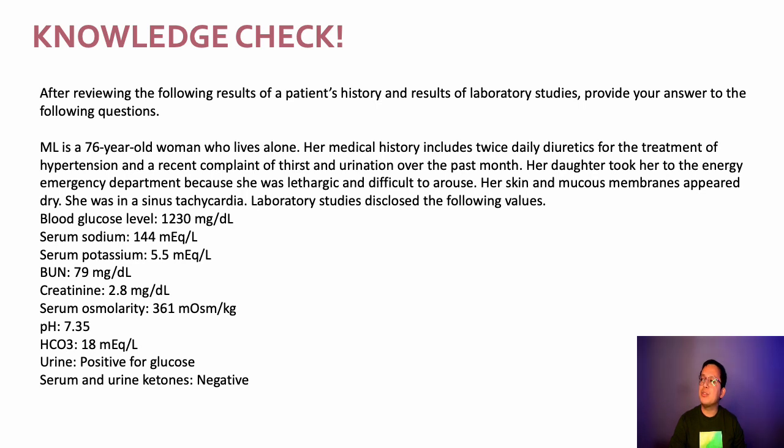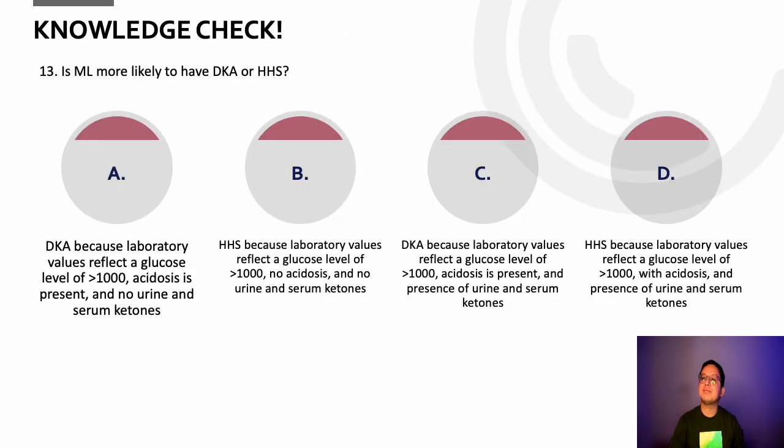Her skin and mucous membranes appeared dry. She was in a sinus tachycardia. Laboratory studies disclosed the following values: blood glucose level 1230, sodium 144, serum potassium 5.5, BUN 79, creatinine 2.8, serum osmolarity 361, pH 7.35, HCO3 18 milliequivalents per liter, urine positive for glucose, serum and urine ketones negative.